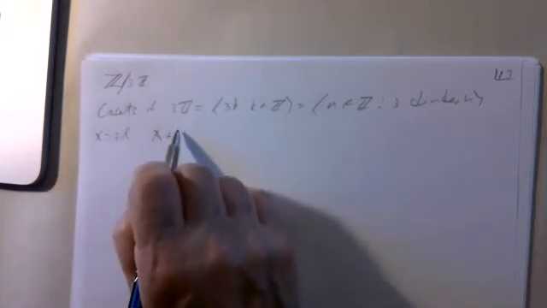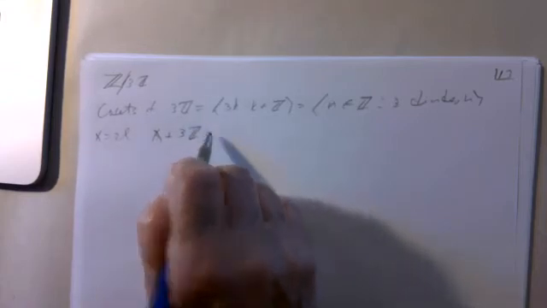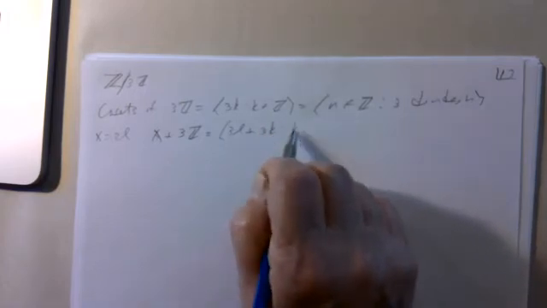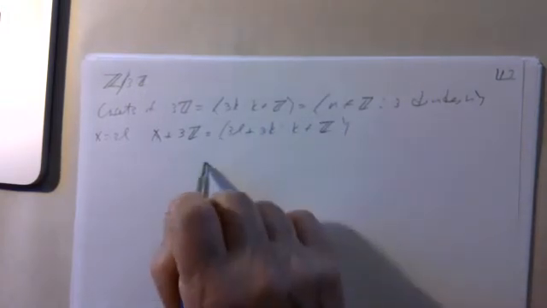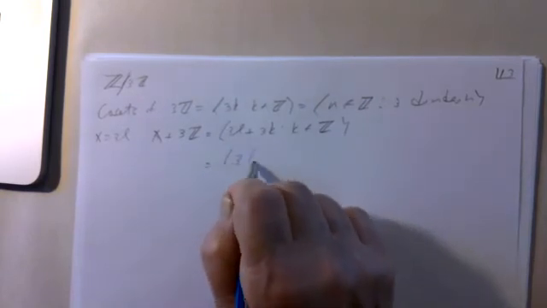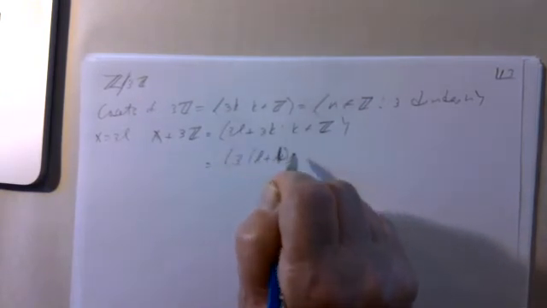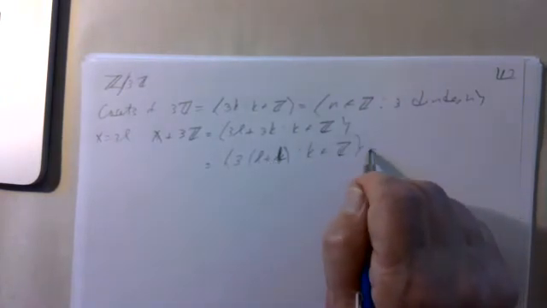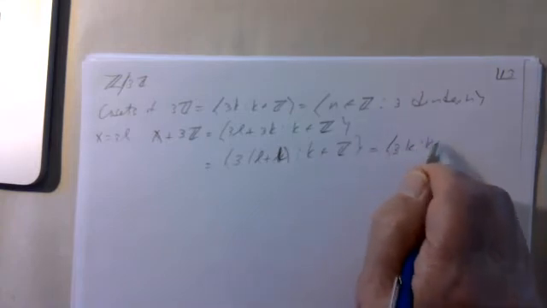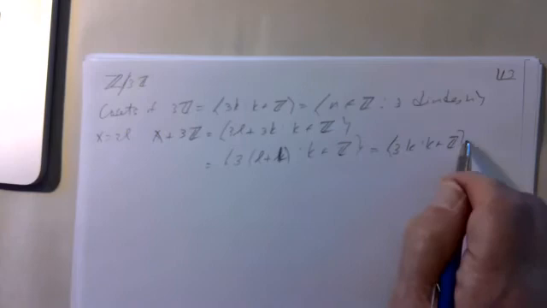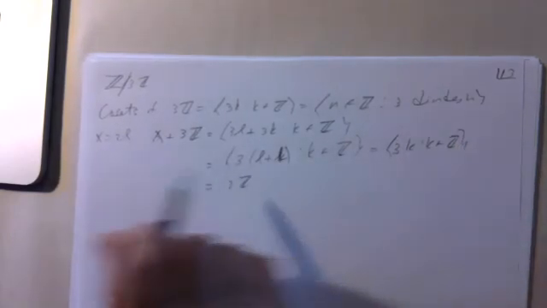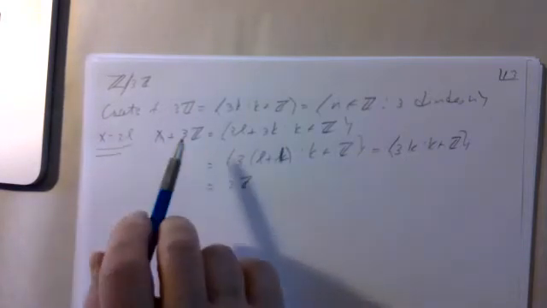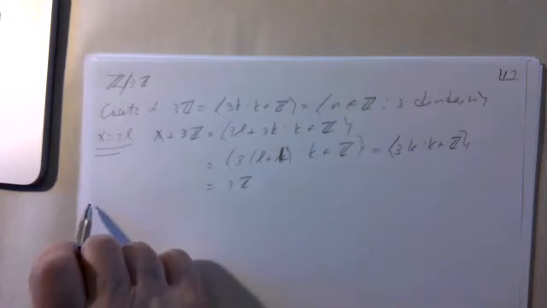What is the left coset x plus 3Z? This is all numbers of the form 3l plus 3k, where k is an integer. This is all numbers of the form 3 times (l plus k), where k is an integer. But this is just the set of all integers divisible by 3. So this is 3Z. So if x is an integer that's divisible by 3, x plus 3Z is just 3Z.